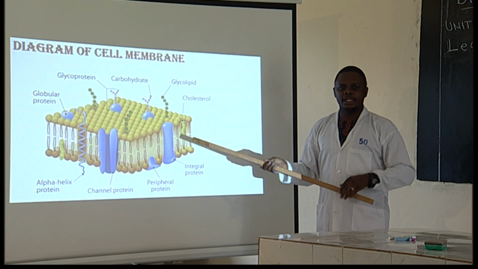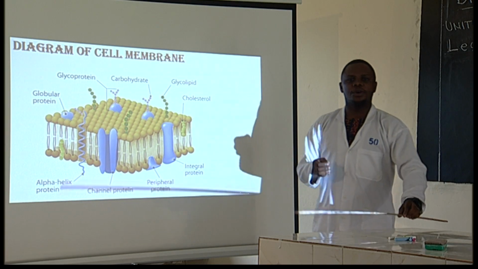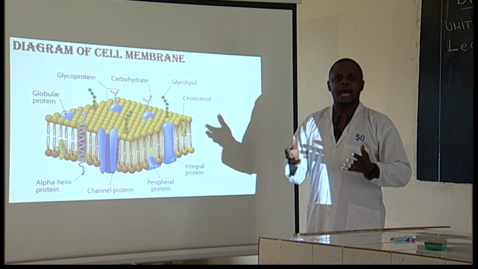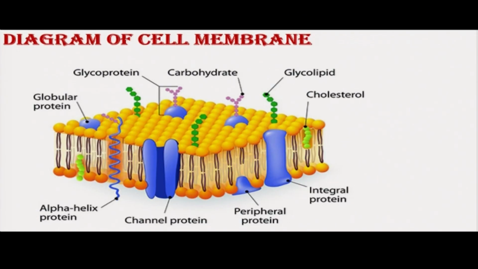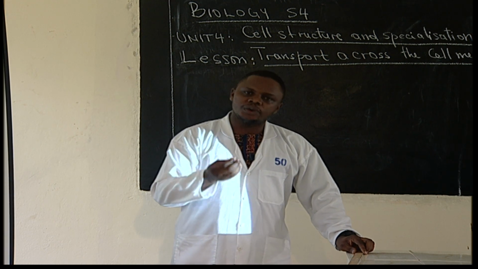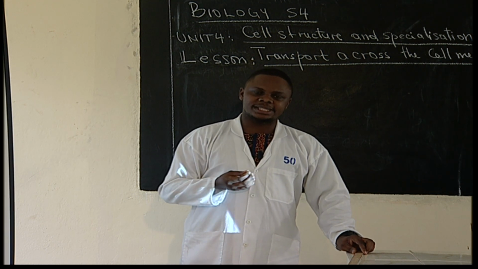And as we have seen, one of the functions of cell membrane is allowing materials to go inside the cell and materials to go outside the cell. Students, can you give examples of materials or food substances which are needed by the cell?